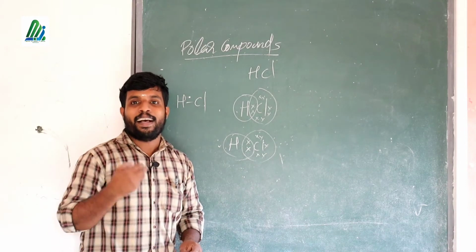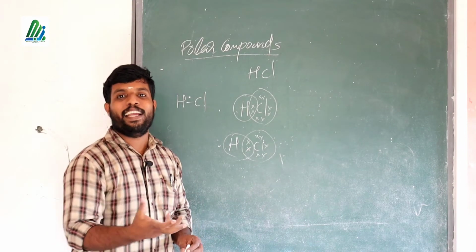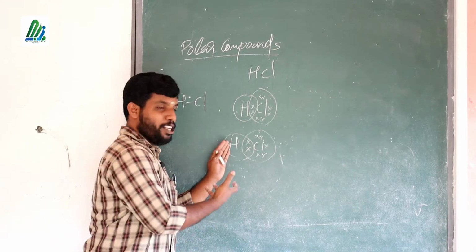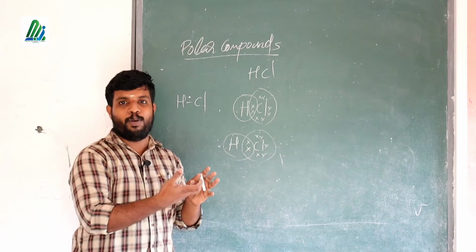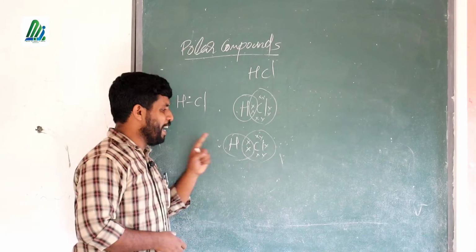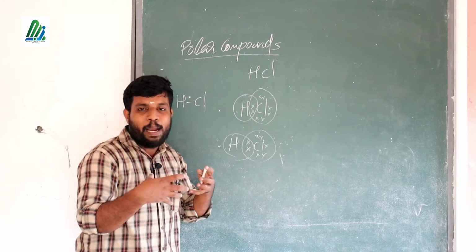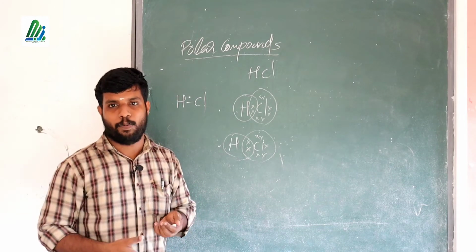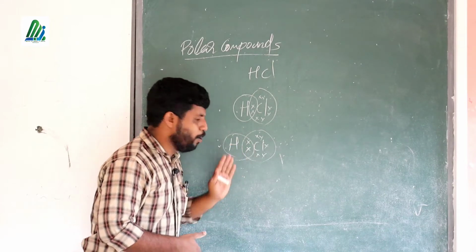So that means the hydrogen atom partially lost the electron, not completely lost it. The chlorine is more forced to attract the bonded pair of electrons than hydrogen. Hydrogen is also attracting, but the force of attraction is more for chlorine because that is more electronegative. So the electrons are closer to the chlorine atom.